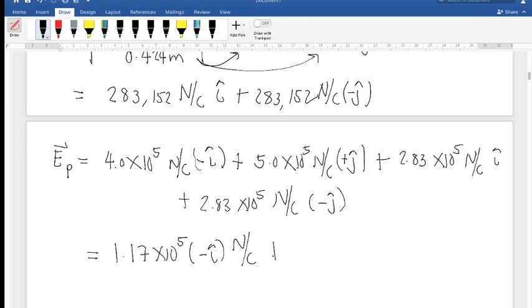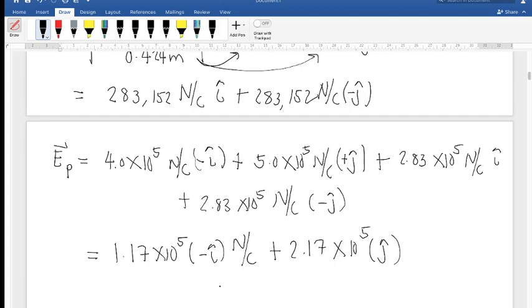How about your j hat? So we have here 5.0, then we subtract 2.83 times 10 raised to 5. So that is 2.17 times 10 raised to 5, positive j hat.